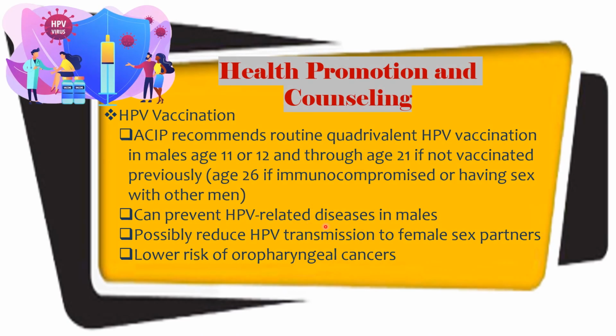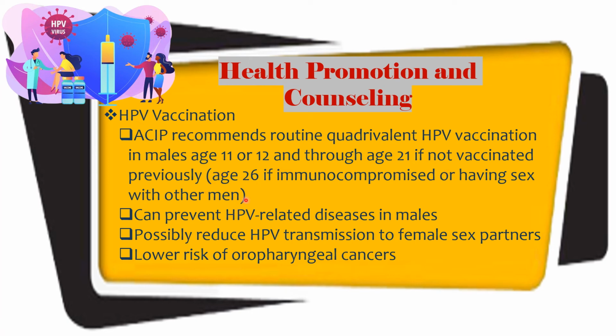Part of the health promotion and counseling is the HPV vaccination, the human papillomavirus vaccine. The ACIP recommends routine quadrivalent HPV vaccination in males ages 11 or 12 and through age 21 if not vaccinated previously.